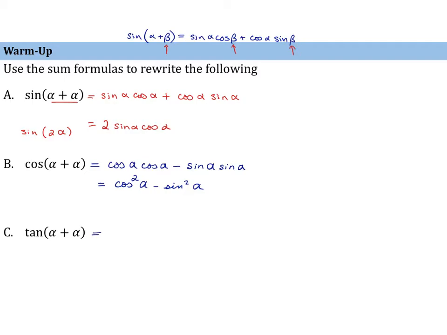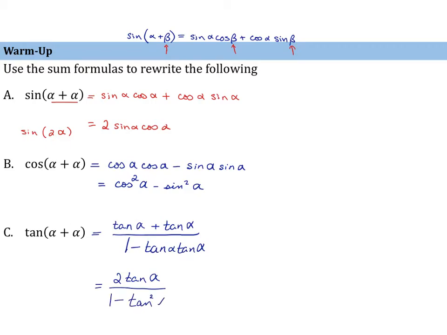Tangent of alpha plus alpha is tangent of alpha plus tangent of alpha over 1 minus tangent of alpha times tangent of alpha, which is 2 tangent of alpha over 1 minus tangent squared of alpha.